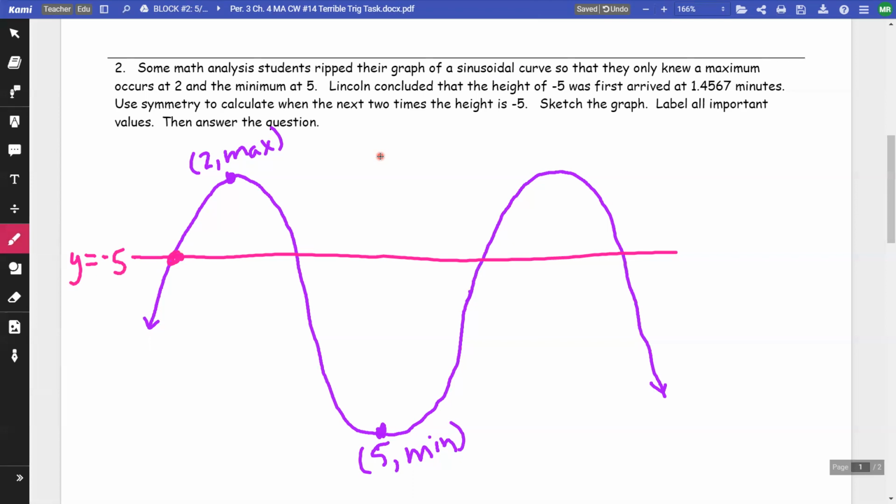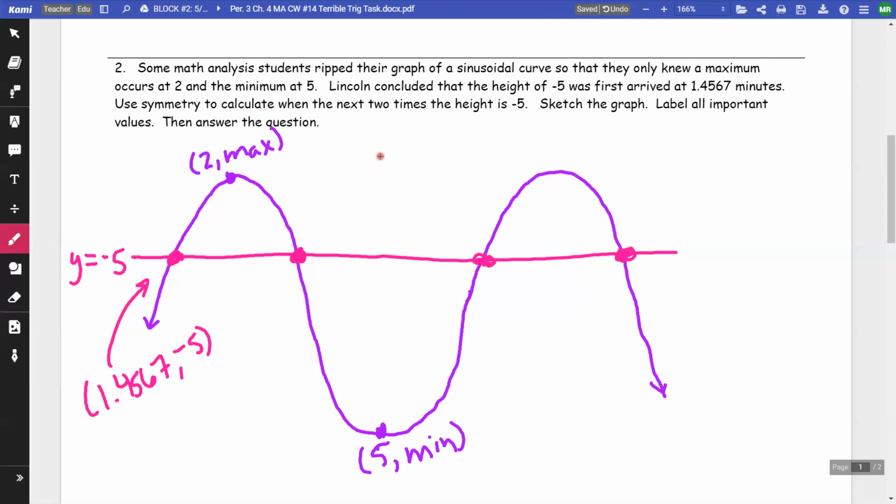And so this one occurs at 1.4567 minutes, comma, -5. I need to figure out when the next 2 times it's going to be. So I need to figure out this one and then this one. And here, I'll find this one too, just to show us how to do this.